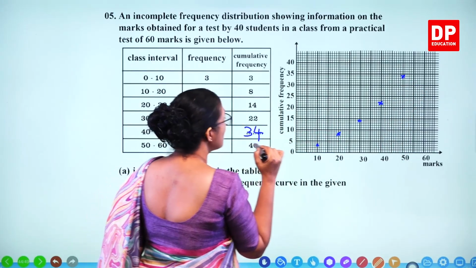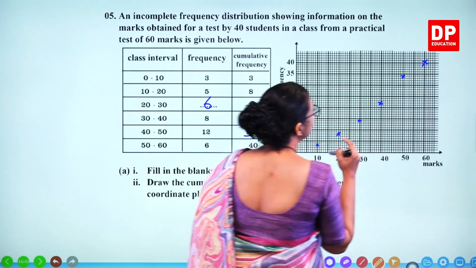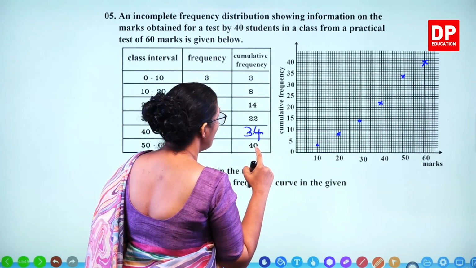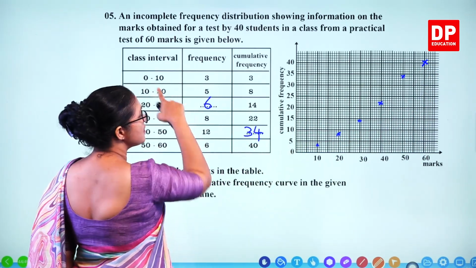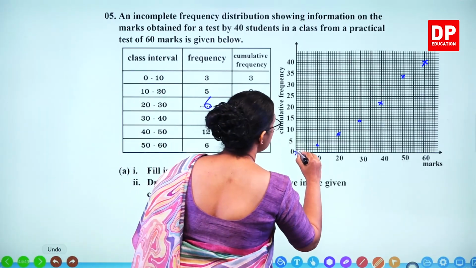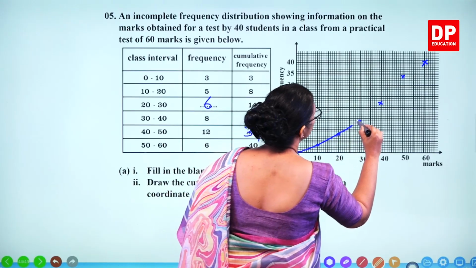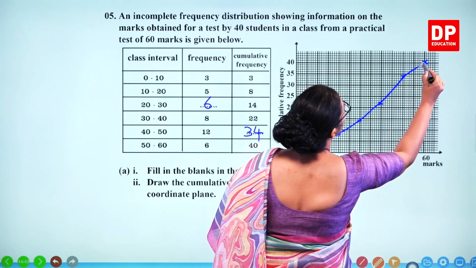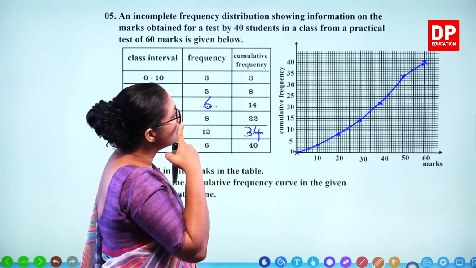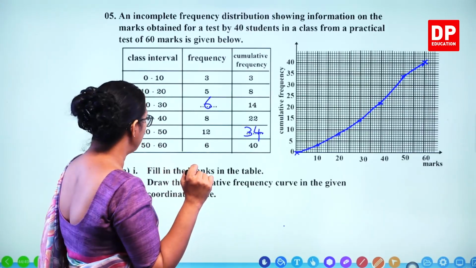And 60 with 40. And now you can mark the lowest boundary, that's 0. So you have to smoothly connect all the points. So that's the cumulative frequency curve.